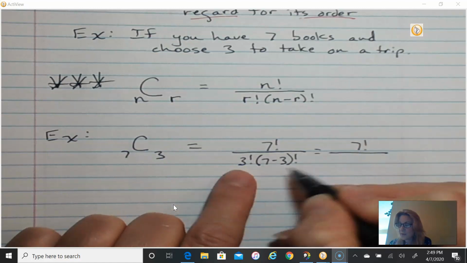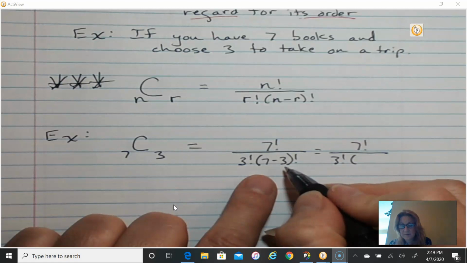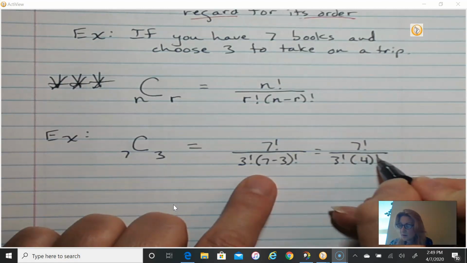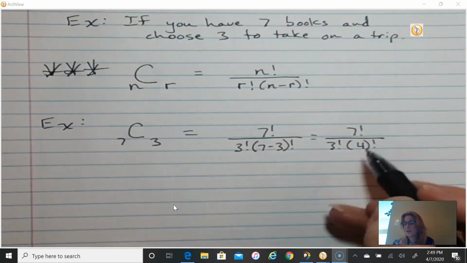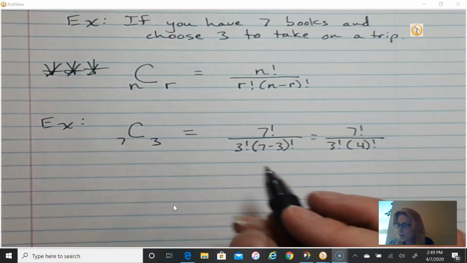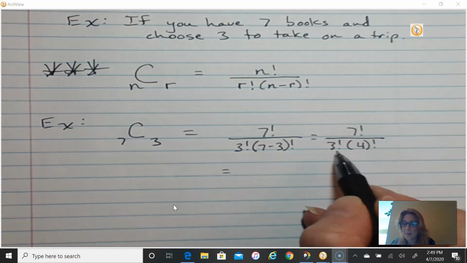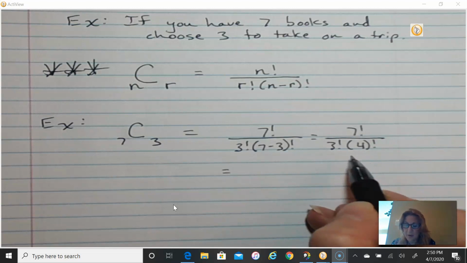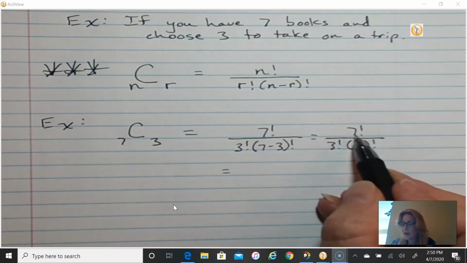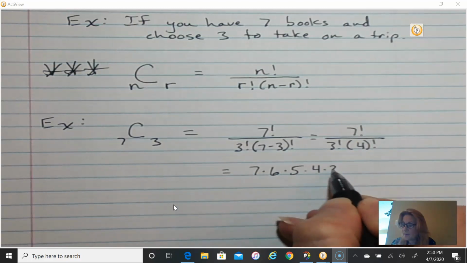7 factorial on top, 3 factorial. Now what's 7 minus 3? 4 factorial. So that's 3 times 4 factorial. No, it's not 12 factorial. Nope, it is not. Now we write it out. Watch how I do this. You do not multiply this. This does not become 12 factorial. I'm going to do the 7 on the top. I'm writing it out.